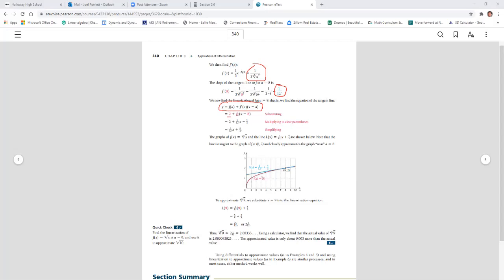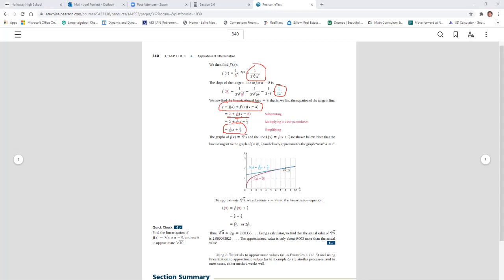If we plug 8 into the derivative, we end up getting 1/12 for the derivative at a, and then we look at x minus a. In this case, x minus 8. And all they did was algebra. They just distributed the 1/12 across, and we ended up getting this equation here for y.